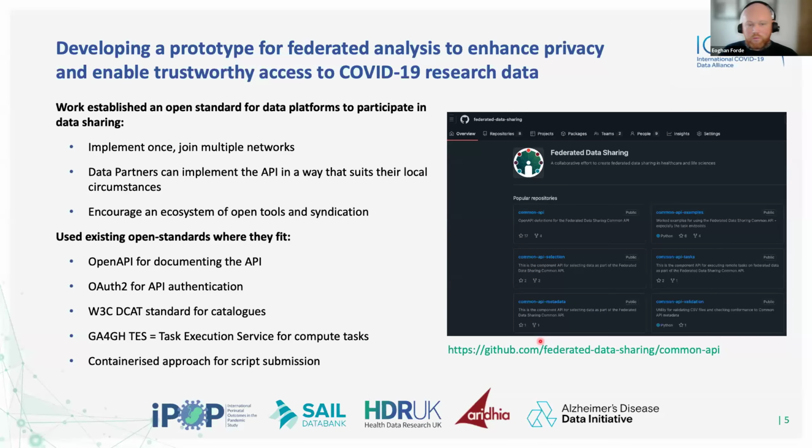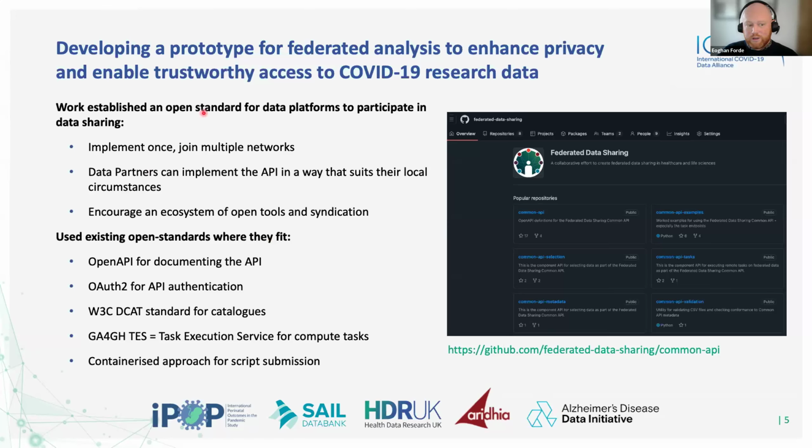So now moving on to what was generated as part of the prototype. What happened was a number of key enablers, as I've already introduced, but also the researchers came together. So from the IPOP team, from the Cell Data Bank team, HDR UK, Aridhia, and ultimately some of the developers at the Alzheimer's Disease Data Initiative.